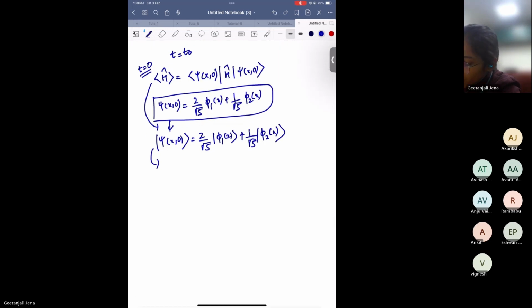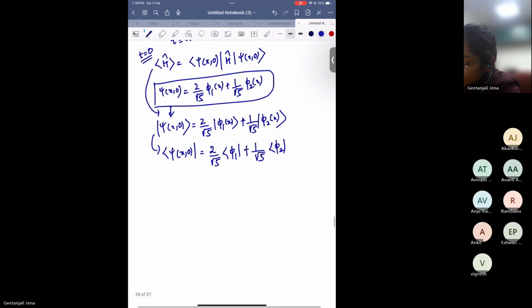If you take the bra vector of this ket, it will become root over 2 by 5 phi 1 and 1 by root over 5 phi 2. So now we have everything, and we can solve this expectation value of psi of x0.